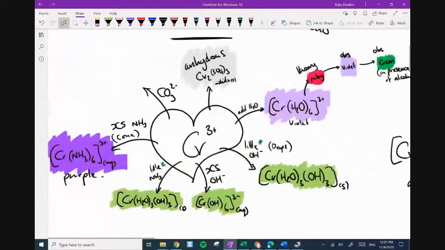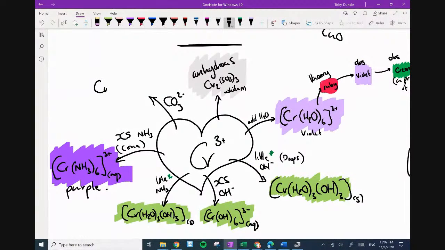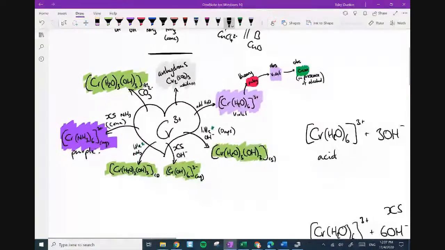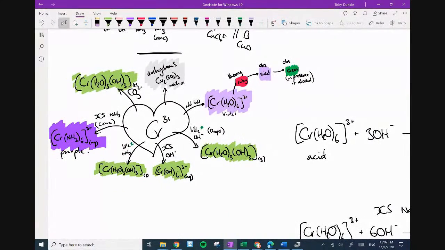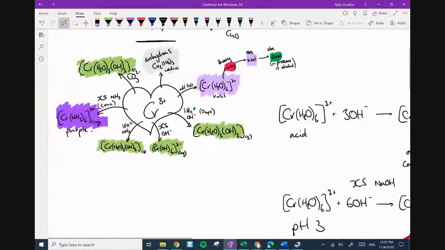But the great thing is all the 3+ form the same thing. They form, shouldn't say copper, chromium, the triaqua trihydroxy complex, which is a green precipitate. Green solid. Cool. So that brings us to the end of the 6 colors in the table for chromium 3+.